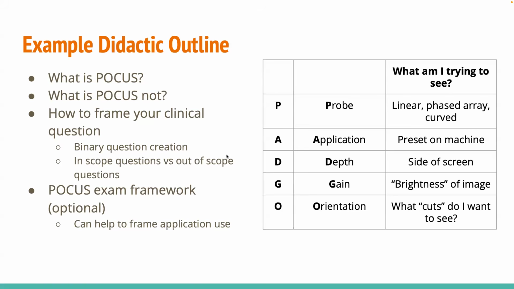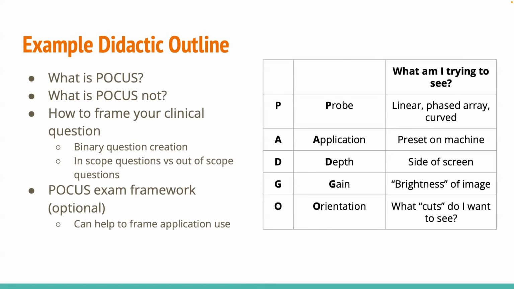And then within each application, whether you're doing that in the didactics or at the station, you can use this as a scaffold. For the probe for lung, I'm either going to use a phased array or a linear probe, depending on who they are. And then I'm going to use the lung preset, but say there's not one, could you do nerve? For depth, you want it to be fairly shallow.